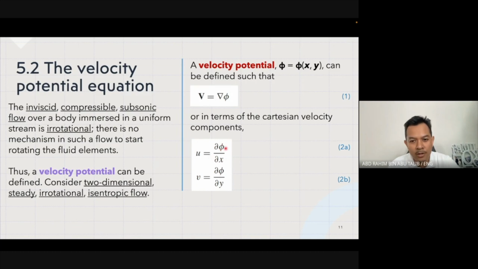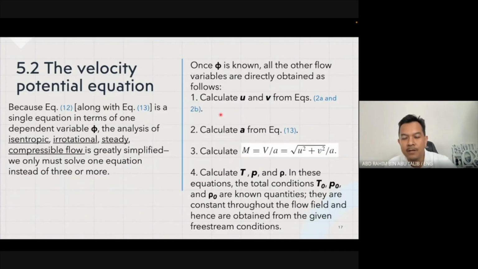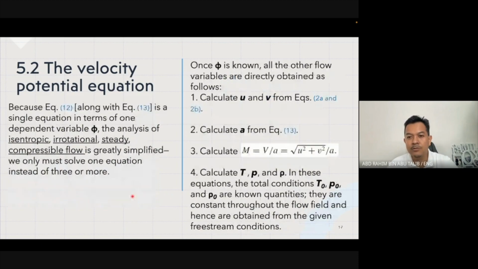Because we already know the velocity potential, you can then get the u and v values. At the same time, you can calculate A from equation 13. You can insert the values of the velocity potential phi and the known constant A naught, so you can get the speed of sound values.